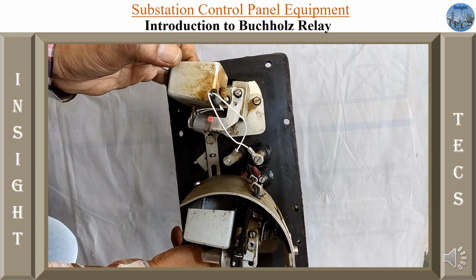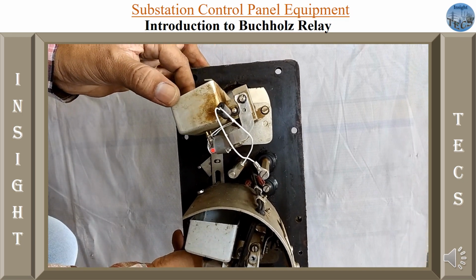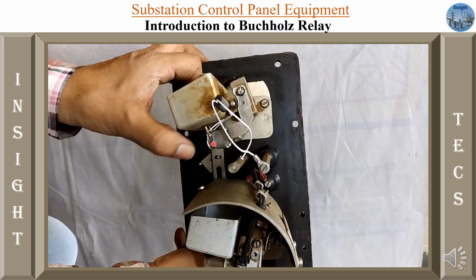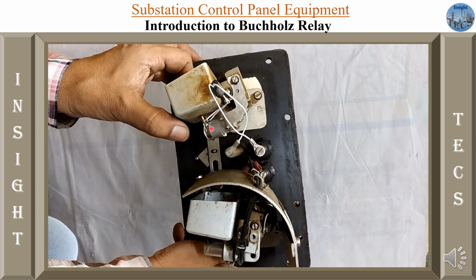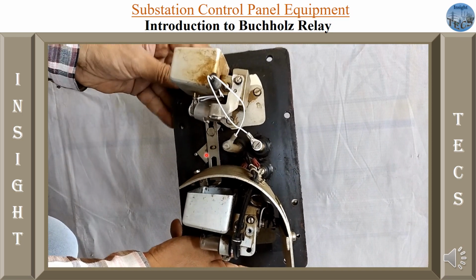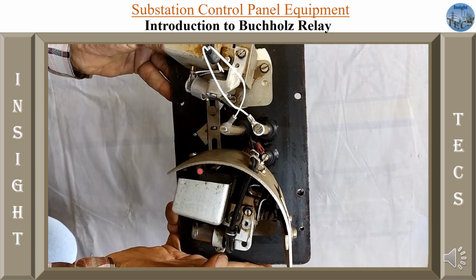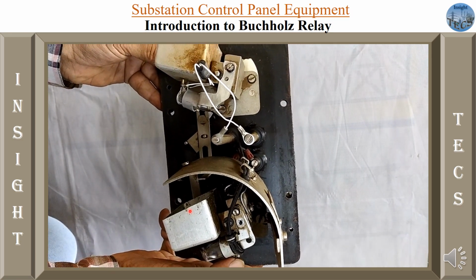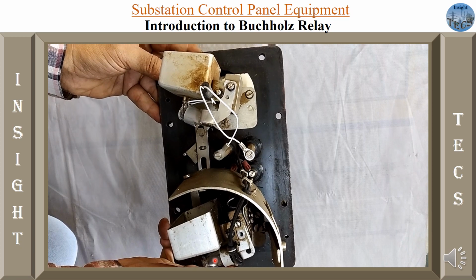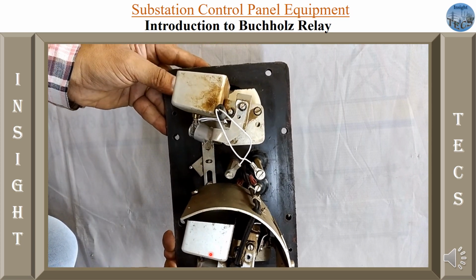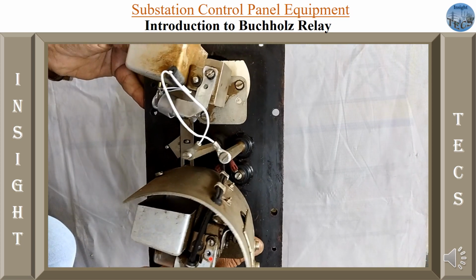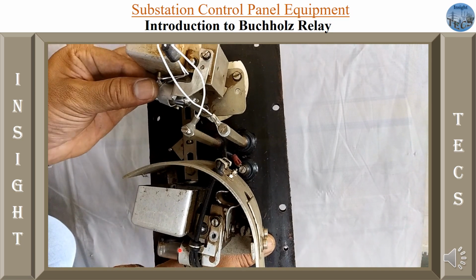And due to this, you can see the mercury switch is operated, and there will be an alarm condition. Now when further gases collect and the oil moves downward, the second tripping switch will be operated and we will have the trip command, right?